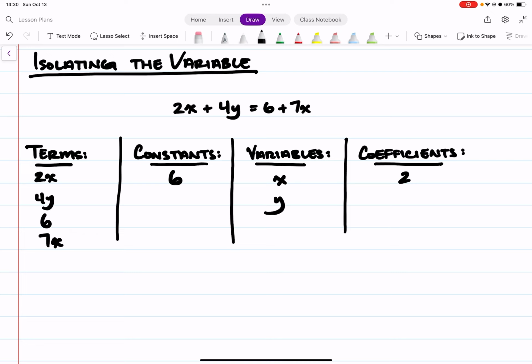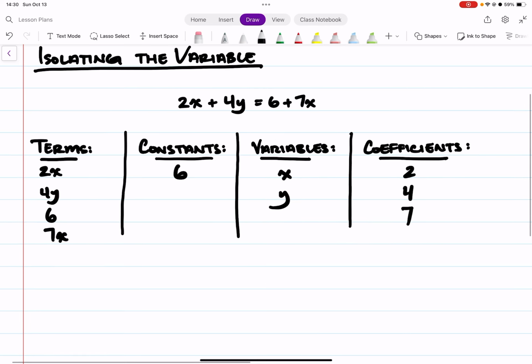So the coefficient, the first one is a 2, the second one is a 4, and the last one is not a y, but it's a 7. So this is what we're going to start with, all right? So anytime you see terms, they are just like anything that's not a symbol pretty much. And then we have constants, we have variables, we have coefficients.